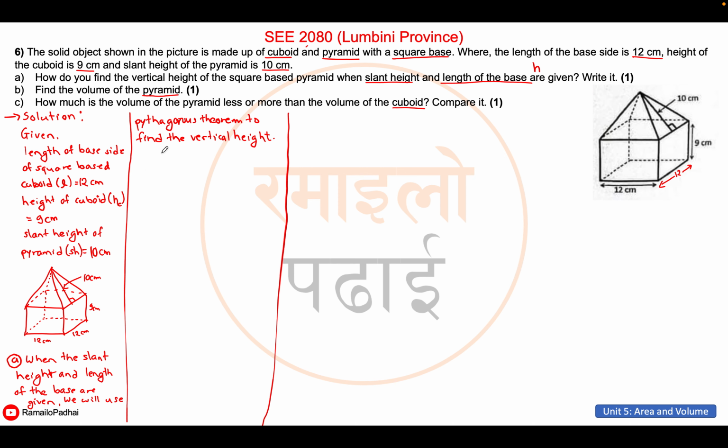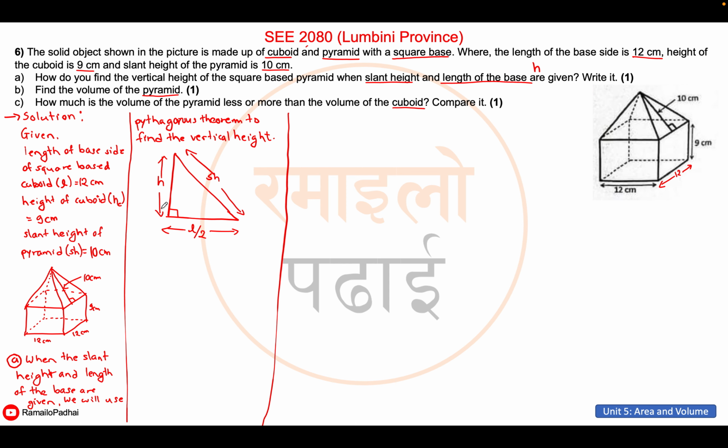So here I will just draw a figure. This will be a right angle triangle, and this will be L upon 2. This will be the slant height, and this will be the vertical height. Yes, I think the vertical height is just tilted a little bit.